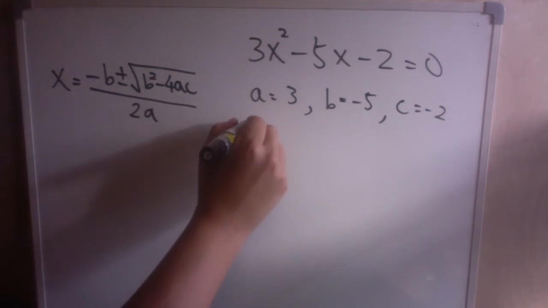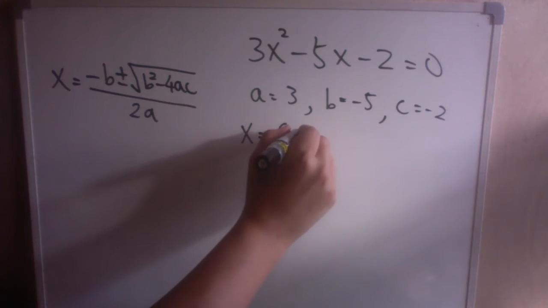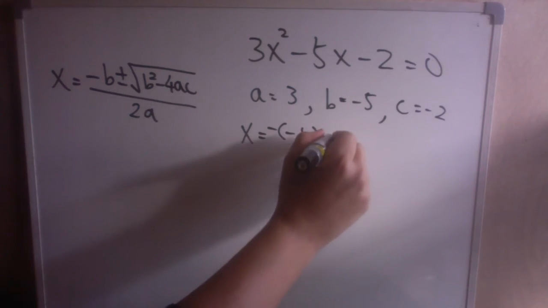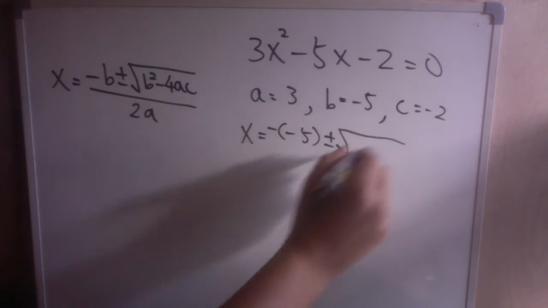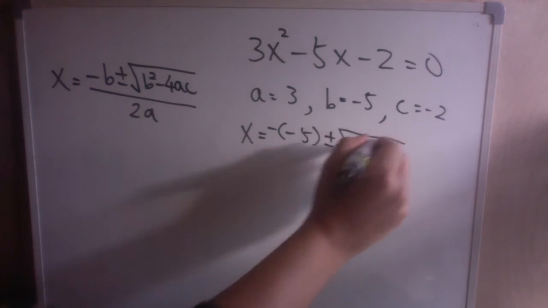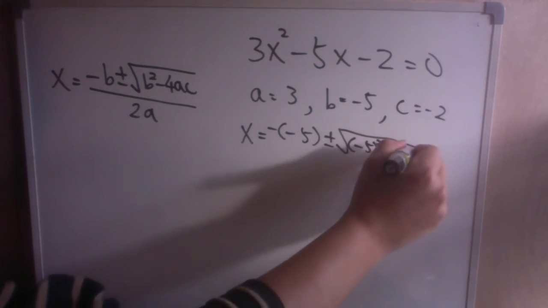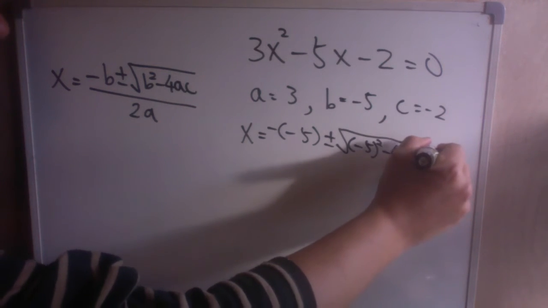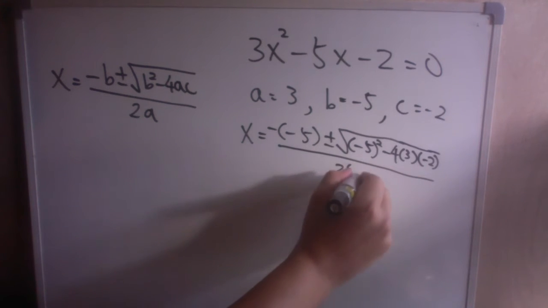So we're going to have x equals, b is negative 5, but there's a negative sign in front, plus and minus the square root of b squared, that's negative 5 quantity squared, minus 4 times 3 times negative 2, all over 2 times 3.